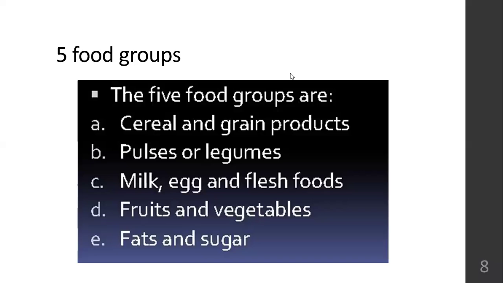Coming to pulses and legumes, all your dals and beans and all, lentils, moong dal, urad dal, rajma, split lentils, whole lentils, masoor dal and all, cowpeas, chickpeas, kala chana, kabuli chana, rajmas, soya beans, beans, good sources of protein, but they also give you energy.